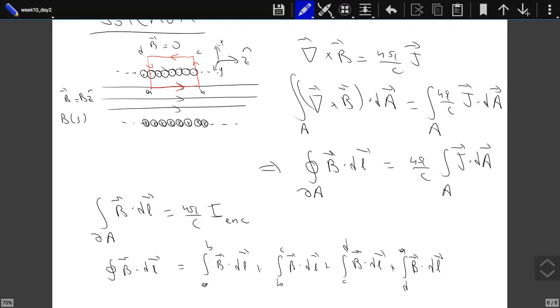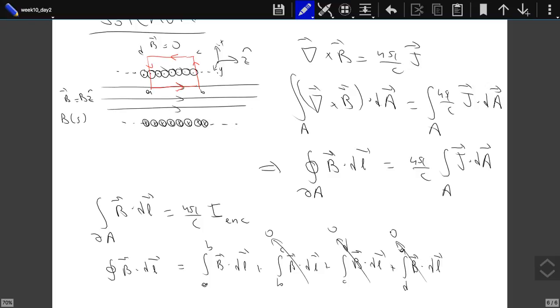Now from A to B, I will get a contribution. From B to C, along that line, either B is perpendicular to dl or it is 0. In any case, there is no contribution. From C to D, B is 0. There is no contribution. From D to A, B is either 0 or perpendicular to dl, so there is no contribution.